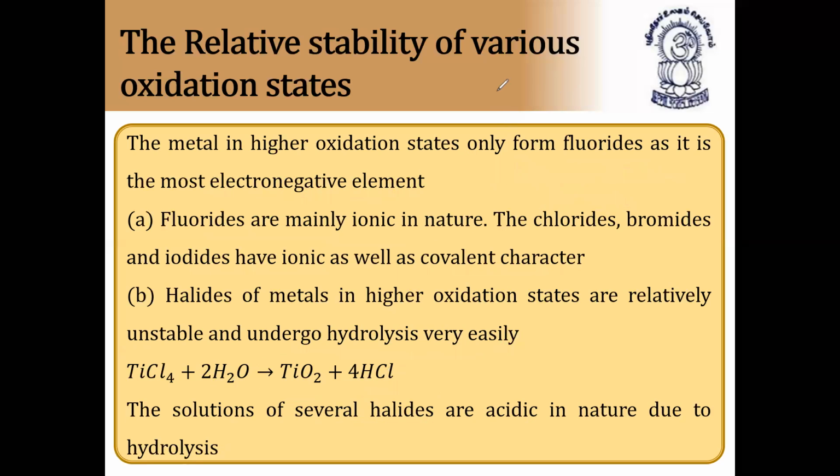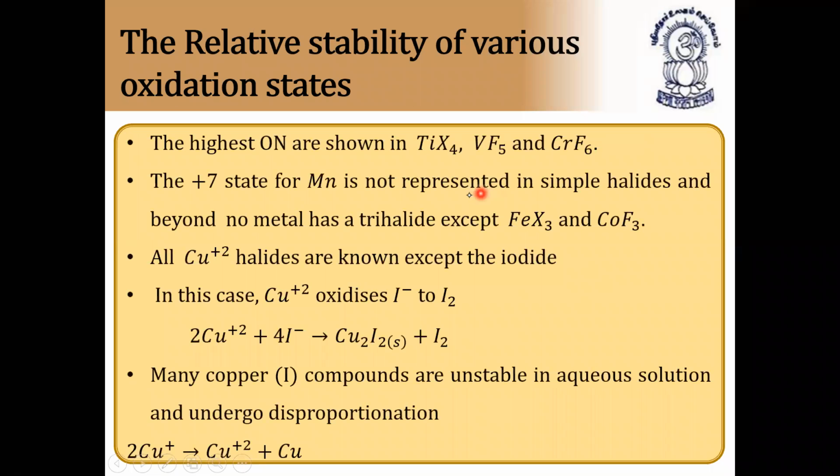Continuation. The highest oxidation numbers are shown in titanium tetrachloride, bromide, iodide, vanadium pentafluoride, and chromium hexafluoride. The +7 state for manganese is not represented in simple halides, and beyond that no metal has a trihalide except FeX3 and CoF3.